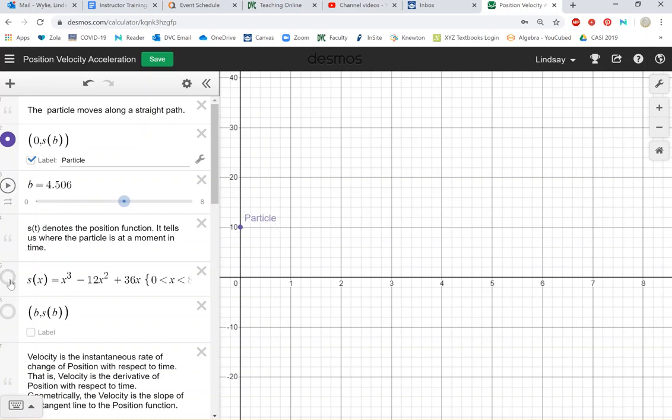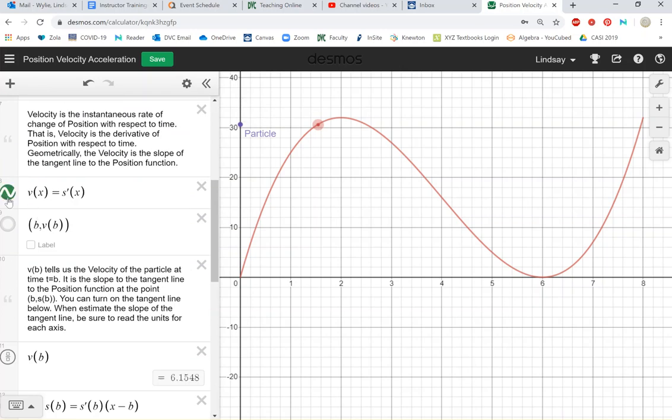Okay, so here's my position function, that cubic. Notice that the y-coordinate of the position function is how high off the ground the particle is. My velocity is the derivative of my position function.